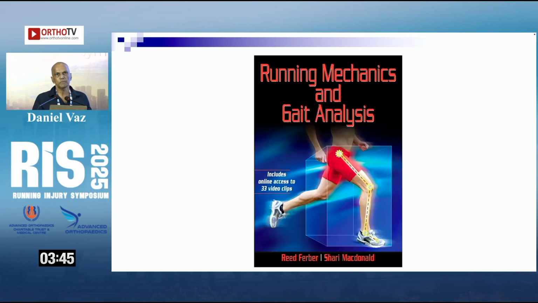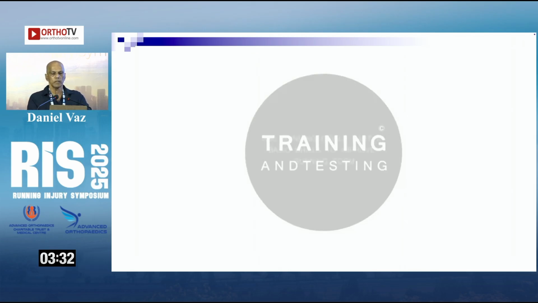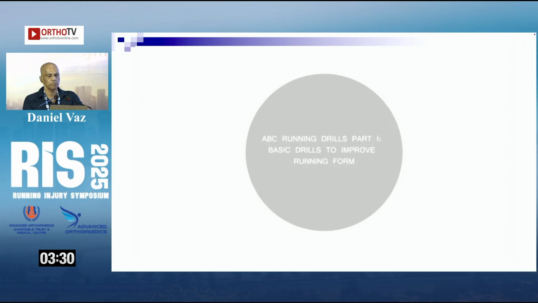So most of the work pertaining to the references on visual feedback or real-time feedback, I was able to get from this particular author. And let's go now straight away to running gait.